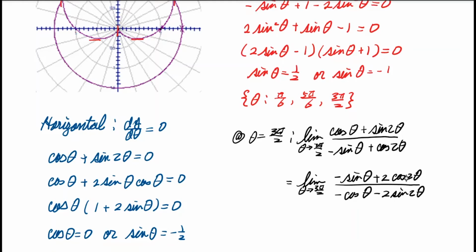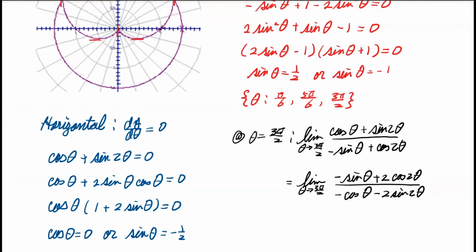So the numerator is 0, right? Wait. Let's do that again. This thing becomes 3 pi over 2. So cosine 3 pi. Cosine 3 pi is negative 1. Good. And then this thingy becomes negative and positive 1. So the numerator is 0.